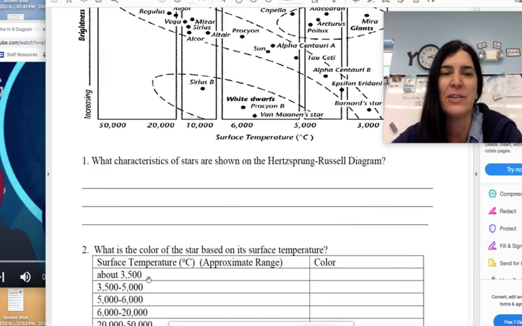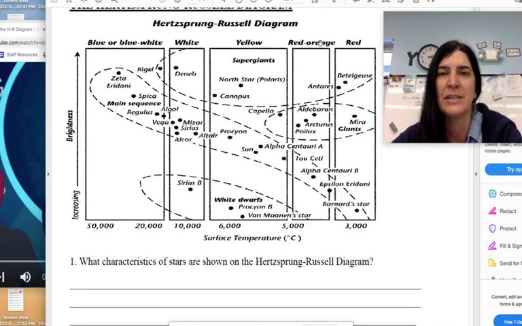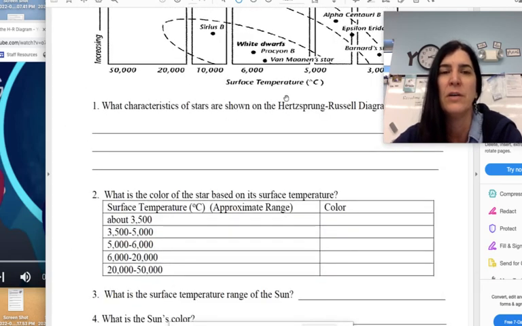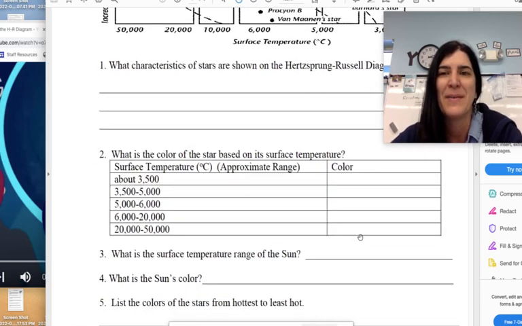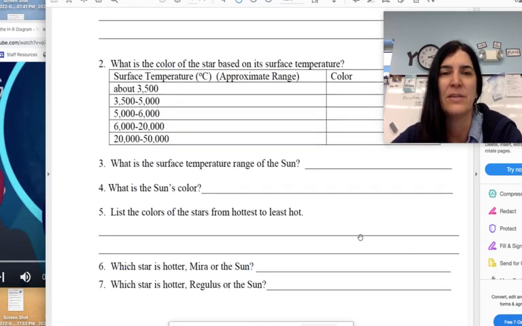So then you're going to start answering the ones below. 3,000 to 5,000 is what color? Very good. So that would be right here. That would be red orange because it tells you up here it's red orange. So then you'd continue answering from there, looking at the numbers here and adding the colors, okay?